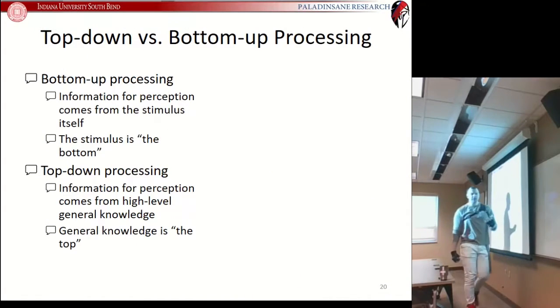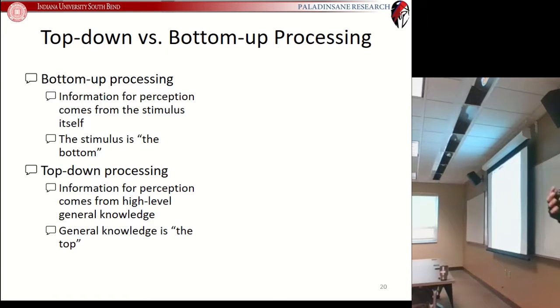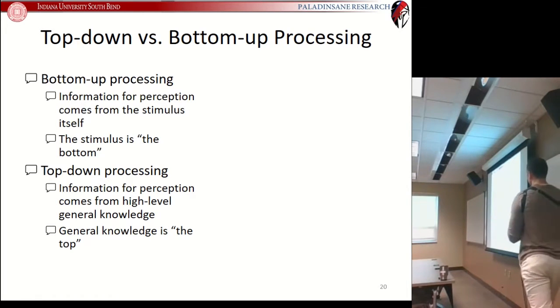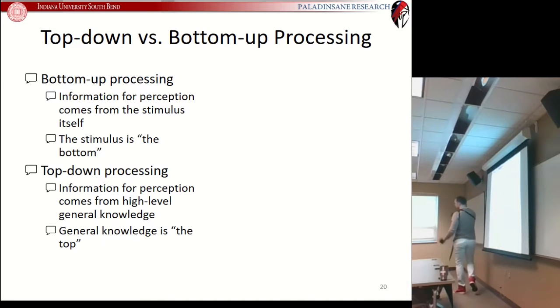And one of the big debates that was raging in perception, especially in the early goings, has died down a little bit as people have gained more knowledge, but it's still an issue. We know that bottom-up processing has to be involved in perception, because your experience comes from the external world, from the external stimuli.